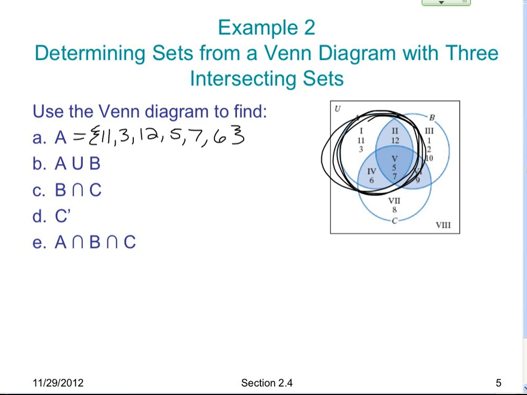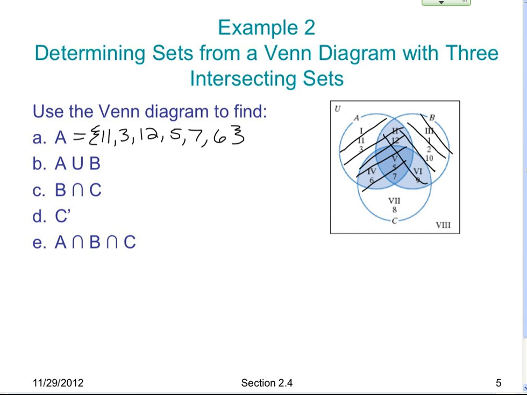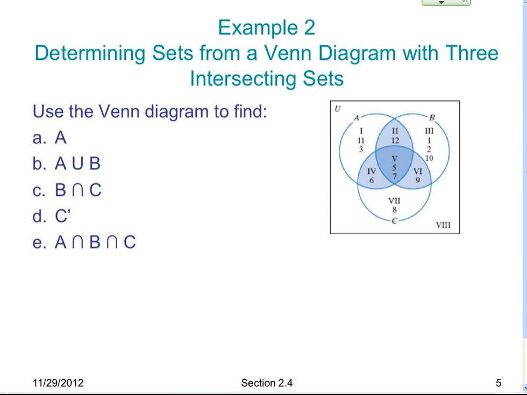A union B. A union B means take everything that's in A, all of this, and everything that's in B, all of this. So A union B, I'm going to put the two sets together.